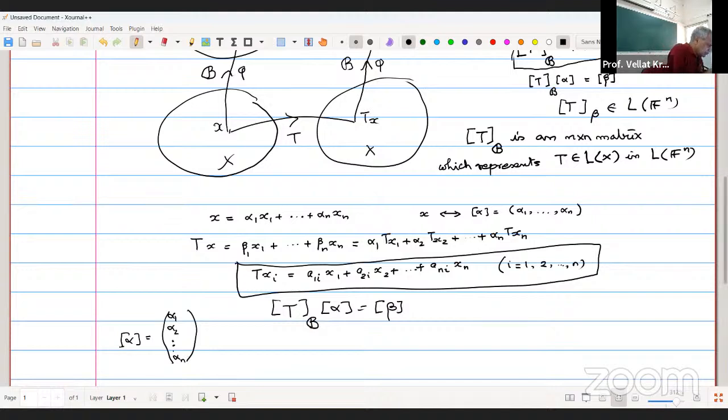Okay. So if you want, you can just write transpose. And similarly, beta transpose, you write as the column vector beta n.